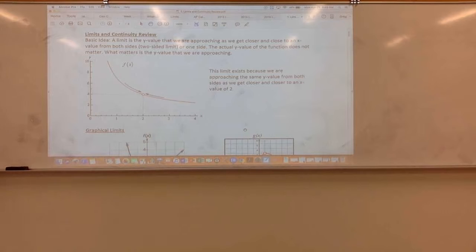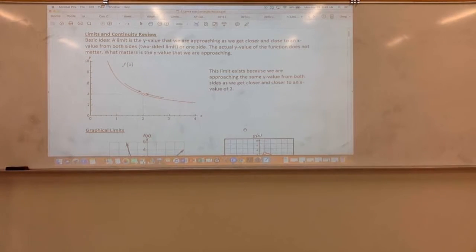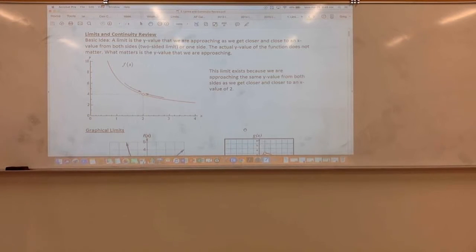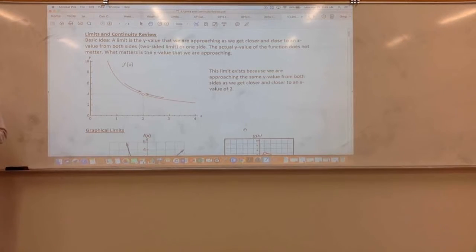Today, we're going to do limits and continuity, tomorrow derivatives, Wednesday application of derivatives, Thursday integrals, Friday application of integrals. So this week will be our big review of calc with multiple choice questions, and then next week we'll look at how all that applies to free response questions.